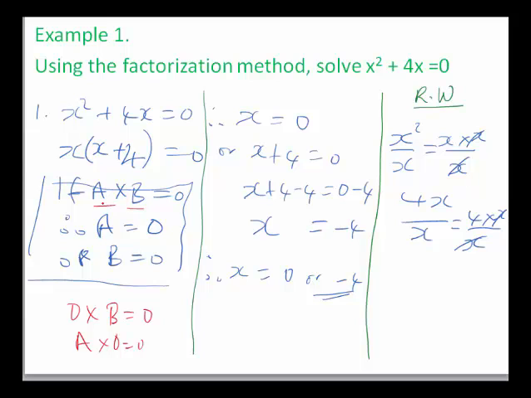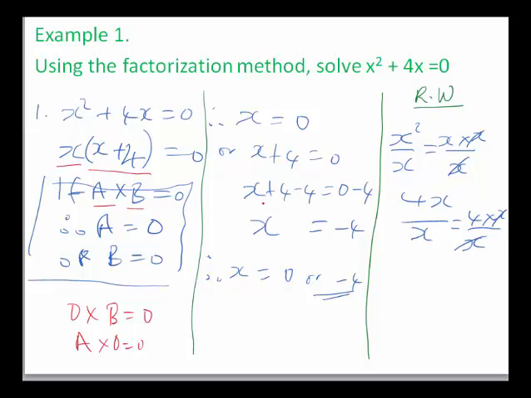Okay, having done that, therefore, the two parts are x and what? x plus 4. So we have x, therefore x is equal to 0, or x plus 4 is equal to 0. Then subtracting 4 from both sides to make x the subject.